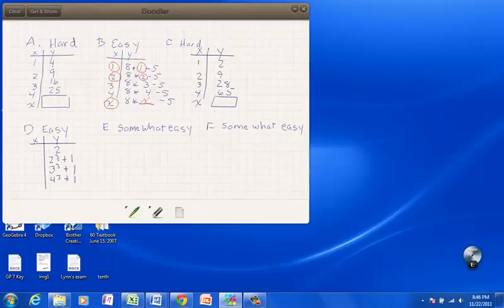So when we look at each of these lines, maybe with the exception of that one, we've got 2 to the third plus 1, 3 to the third plus 1, 4 to the third plus 1. So there's a number here that keeps changing, but they're all being raised to the third power plus 1.